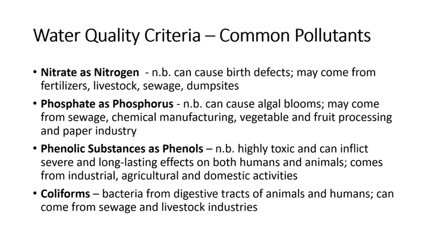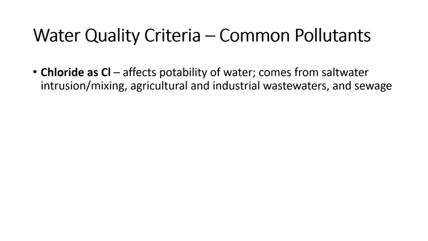And you also have your coliforms, which are bacteria coming from the digestive systems of your animals and humans, and they can come from sewage and livestock industries. And finally, you have your chloride, as Cl, which affects the potability of water. You can have chloride from saltwater intrusion or mixing, also from agricultural and industrial wastewaters and sewage.